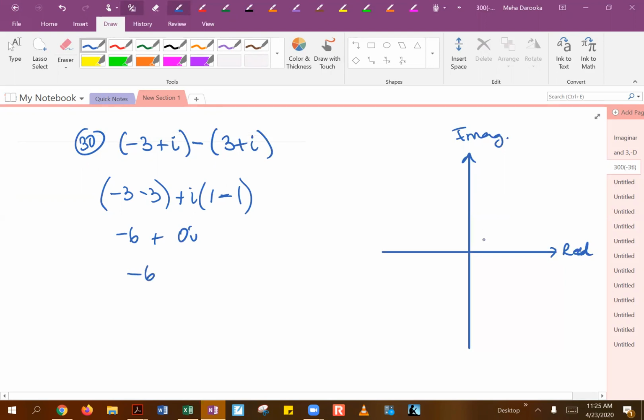So again, if we try to do this with vectors, for that first complex number, what will our vector look like?